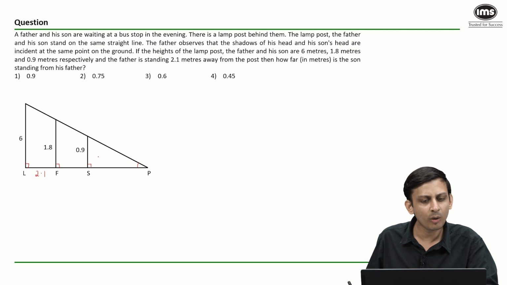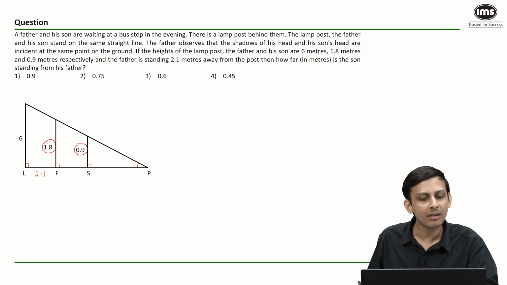So first of all, if you look at this smallest right angle triangle with the second smallest right angle triangle, let's call it this way, that one of the right angle triangles is the largest one, one of them is the smallest one and one of them is the middle one. So if we look at the smallest one and the middle one, we can see that these are corresponding sides 0.9 and 1.8.